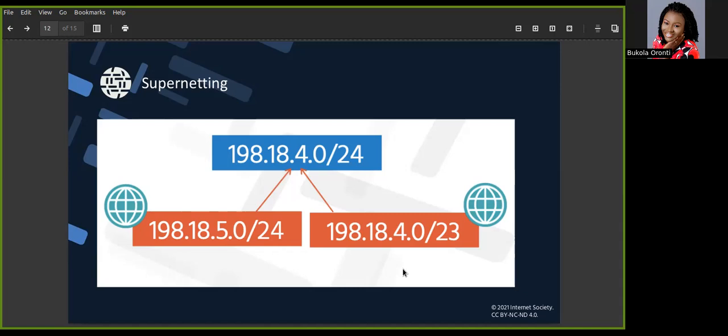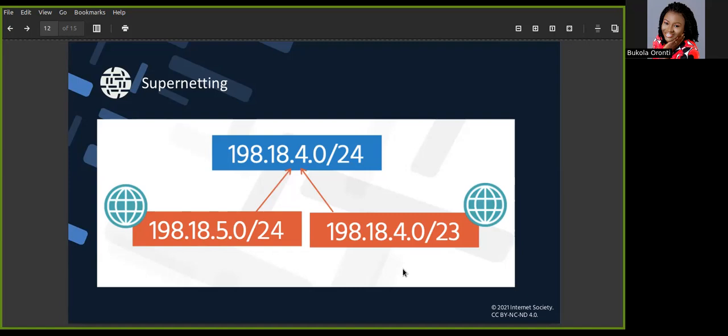It performs route summarization by using classless inter-domain routing, which is known as CIDR. Route summarization can help reduce memory requirements for every device. Remember we said a router has a routing table and a forwarding table.